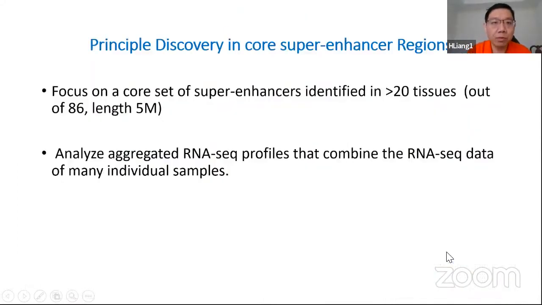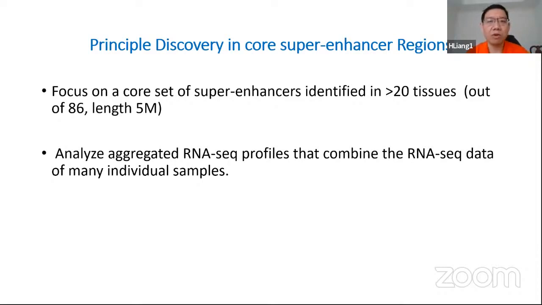Okay, so for this, as mentioned, we focus on a core set of super enhancers. They were identified in at least 20 tissues. We should mention there's a lot of super enhancers reported in literature, but there's really a lot of noise. But when you focus on the core set of super enhancer regions identified in 20 tissues, they are really high confidence super enhancers.